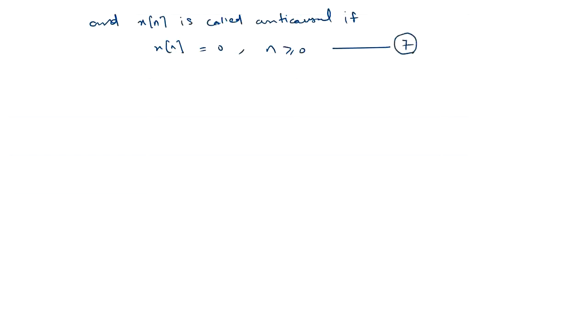So the signal which is 0 for all the positive values of n, this type of signal is called an anti-causal signal.